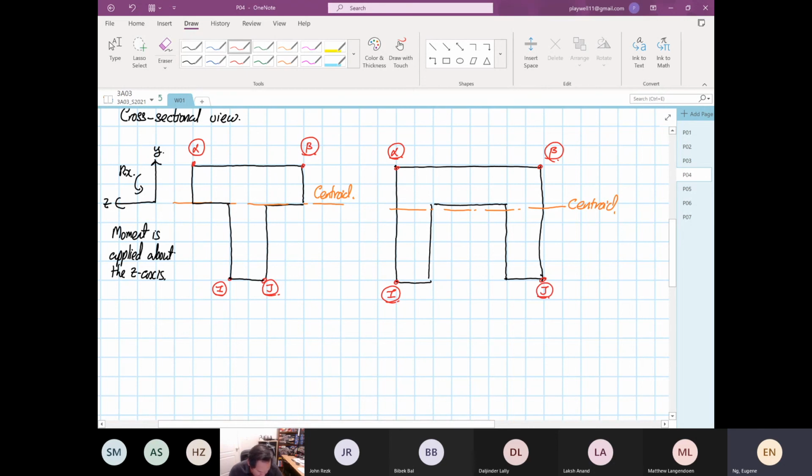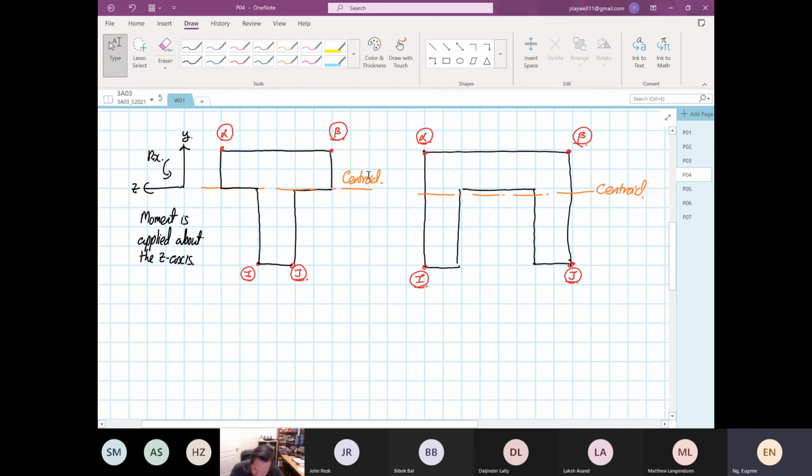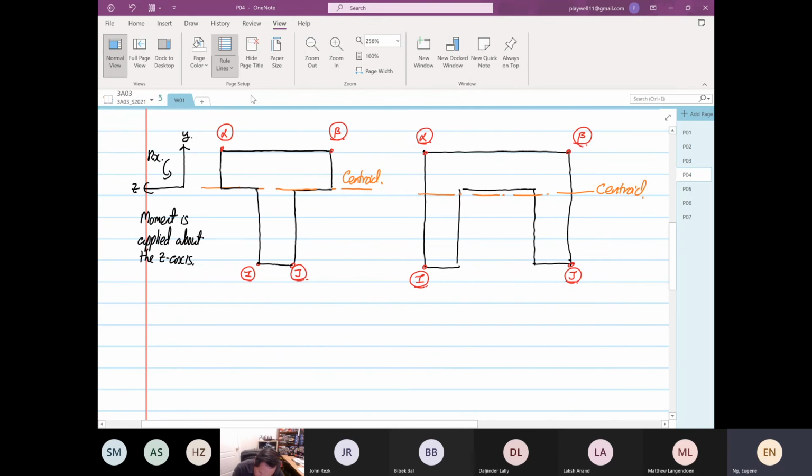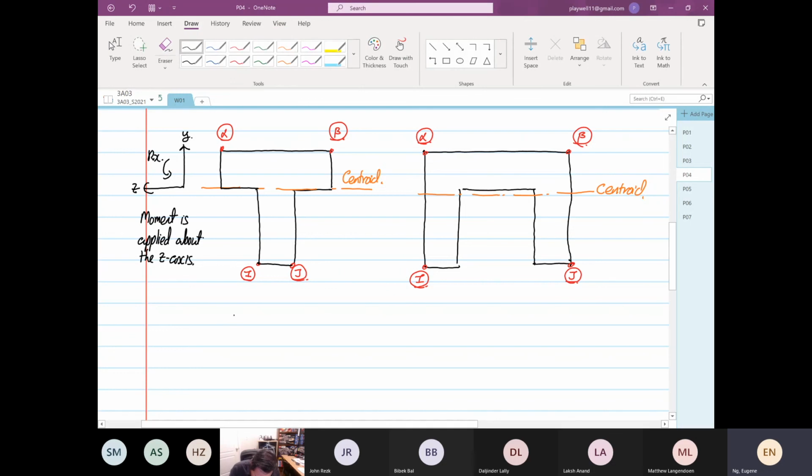If we look at the formula, stress X is equal to minus Mz over Izz Y. Both of them use the same formula: stress X is equal to minus Mz over Izz multiplied by Y. And this one is also stress z equal minus Mz over Izz multiplied by Y.